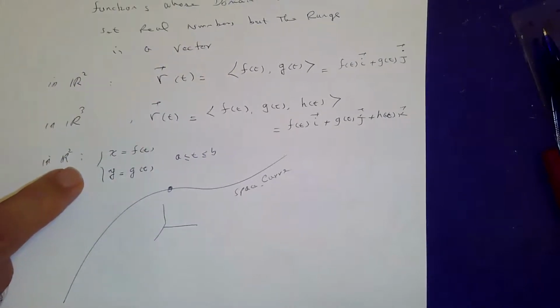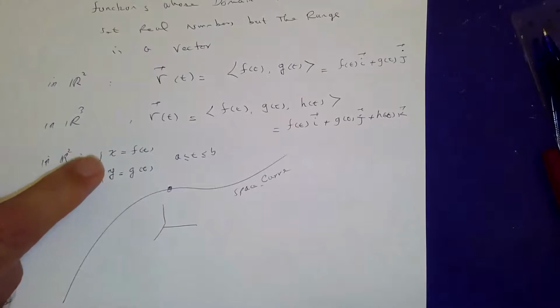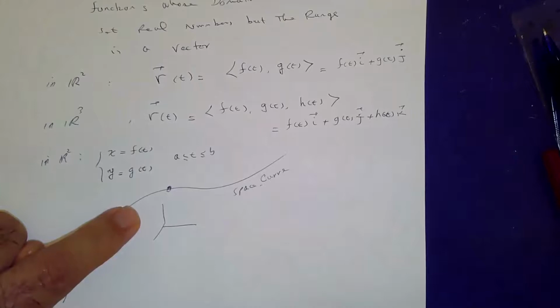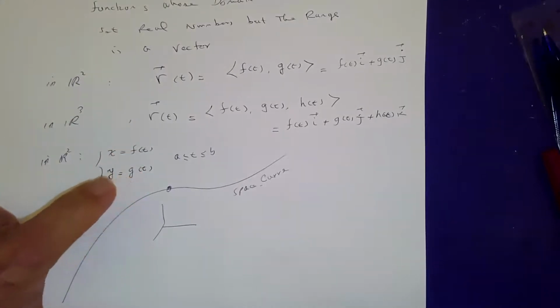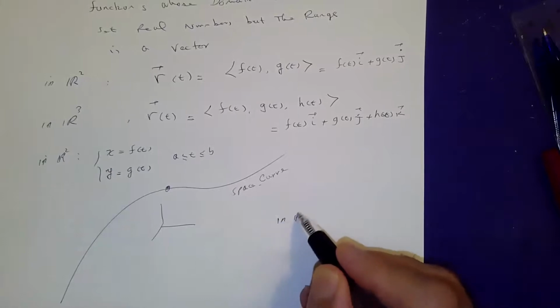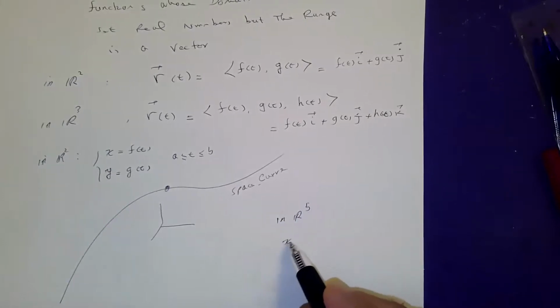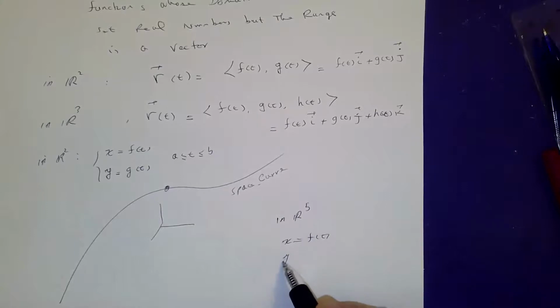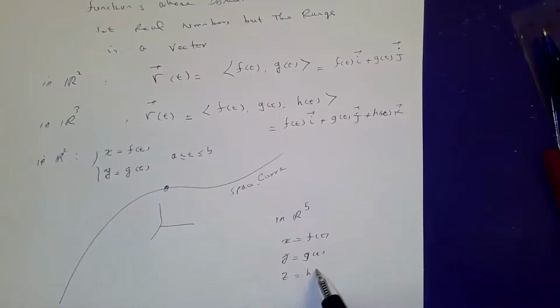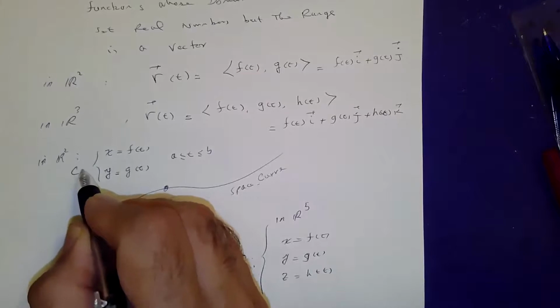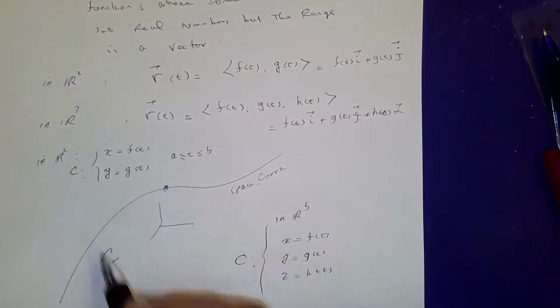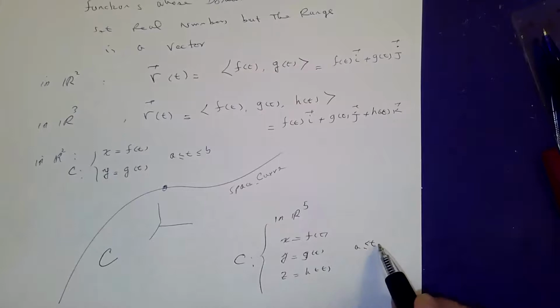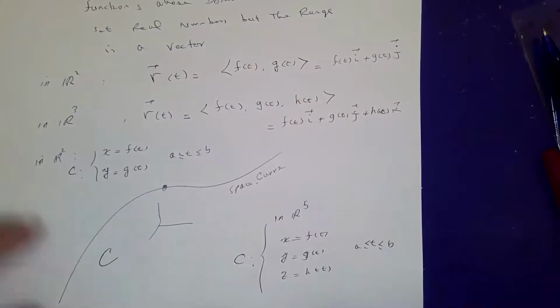In physics classes, these represent the position of a moving object on a curve, where t is the time. So in R3, the parametric equations are x equals f of t, y equals g of t, and z equals h of t. These are the parametric equations of the curve C, and t goes from a to b.